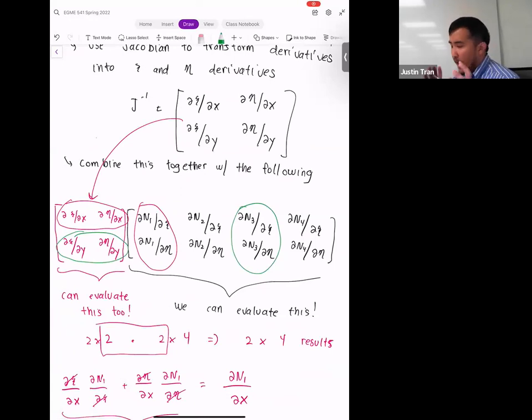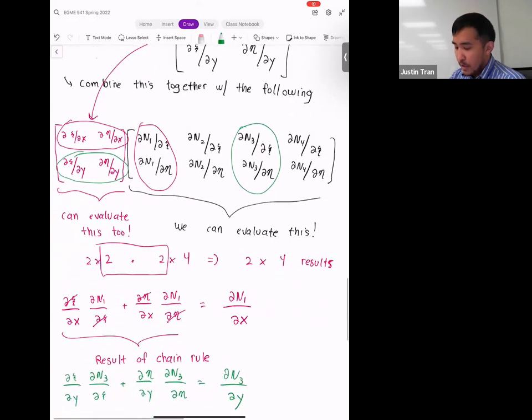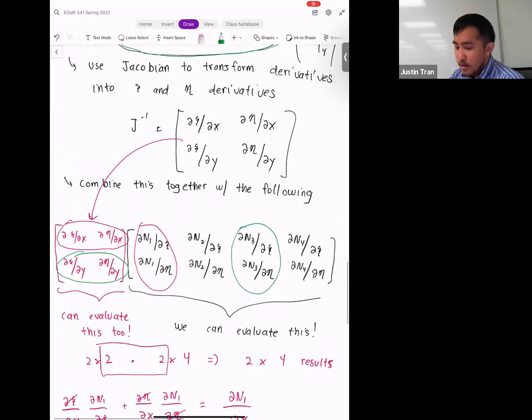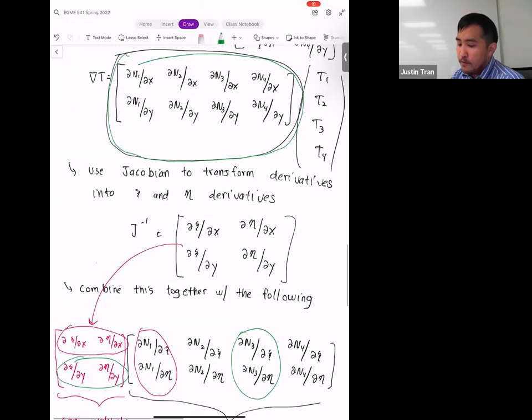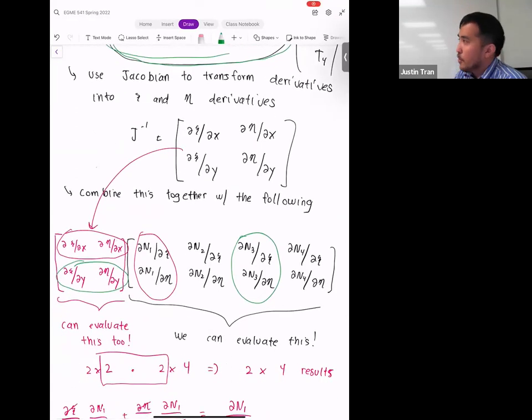The good thing about these two matrices is that we know how to evaluate them, because of how we structured the shape functions. This is the manifestation of the kid saying, I want this, and the mom saying, we have this at home, and what we have at home is everything in terms of the parent coordinates.